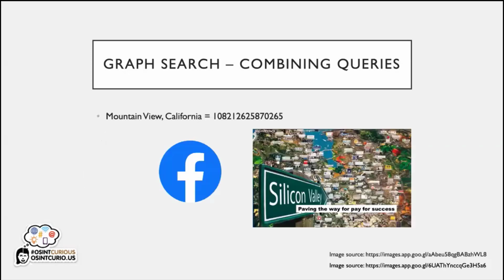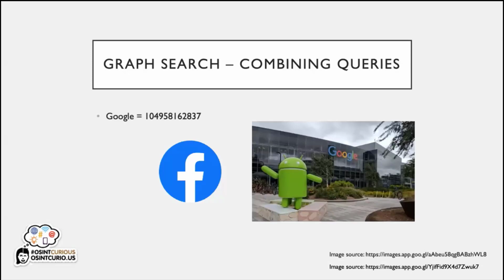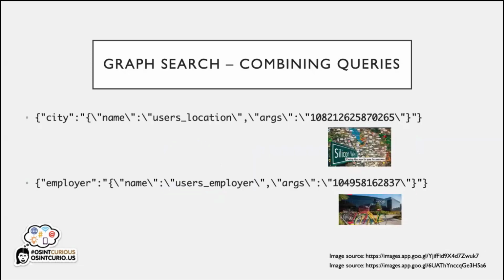So the next thing we have to do is get the ID number for our location and for our company. We've got the ID number for Mountain View, California, because we've done the page source way to find it. And then we find our ID number for Google as a company. Now we go to our JSON and say, here's our JSON query for users who live in a location.